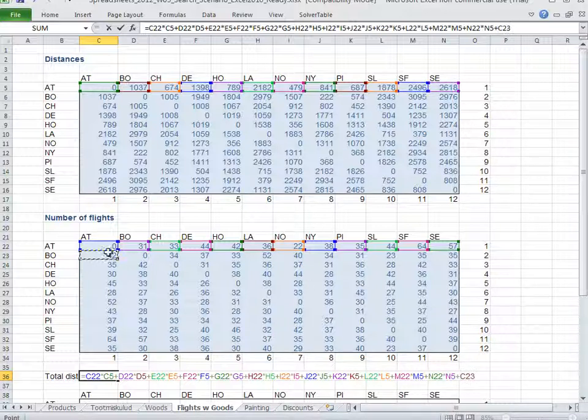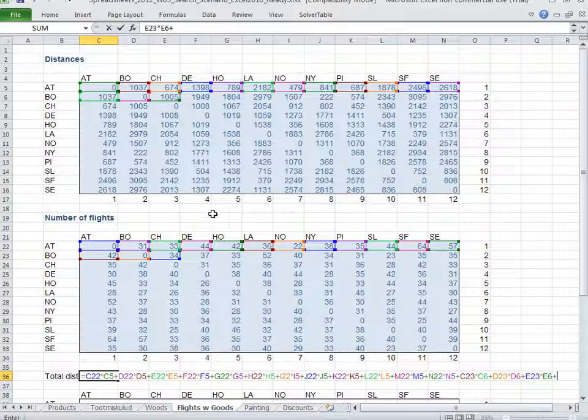From Boston, 42 flights to Atlanta times 1,037 miles, plus the zeros just for the style. We're just going to multiply everything, plus 34 flights from Boston to Charlotte times 1,005 miles for each flight, plus, and we'll continue.